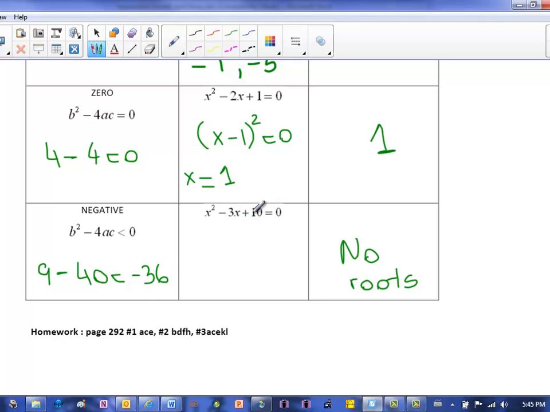I'm sure some of you have tried to factor and thought 5 and 2 are factors of 10. However, notice that the middle term is a negative number, while the last one is a positive number. You don't have any real numbers that will allow you to factor this equation. It's not factorable.